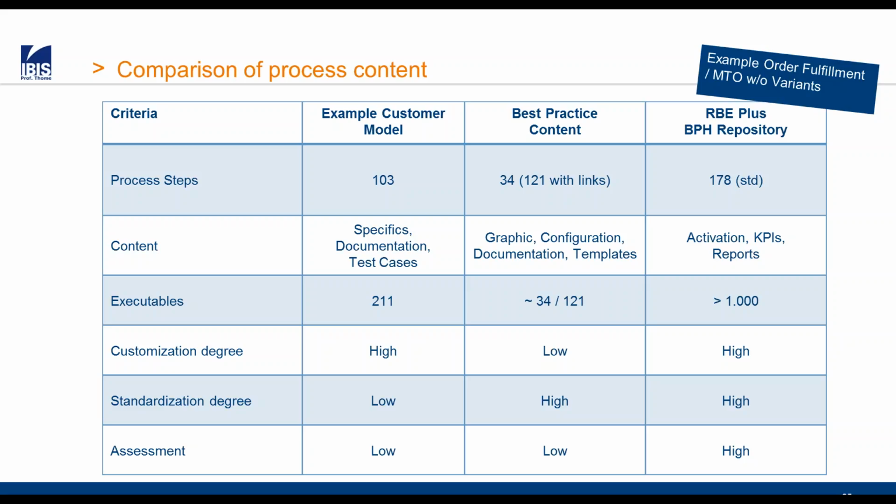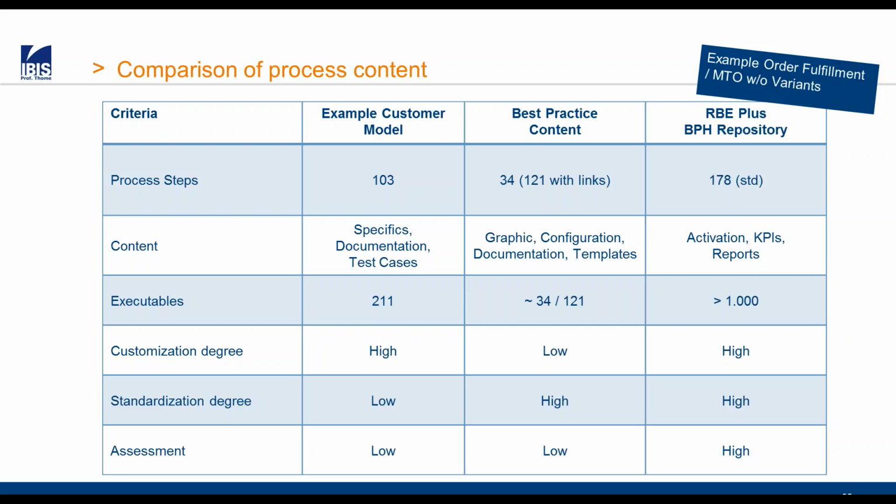What does that mean? It means when the customer needs around about 100 process steps, he won't get them by the best practice content, which is just like bodies for your business processes, because it's only a limited view on what is really possible in an SAP system.